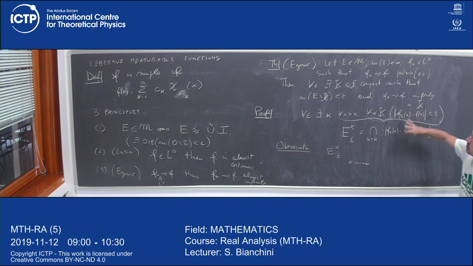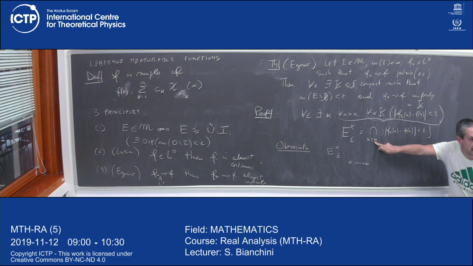Because we did not yet use that this is pointwise convergent. If it is pointwise convergent, for any x there exists a k. Okay, let's do it. So take this set, take this quantity here with x fixed. I'm saying that when k goes to plus infinity, every x satisfies this condition for n larger than k, because this is the pointwise limit.